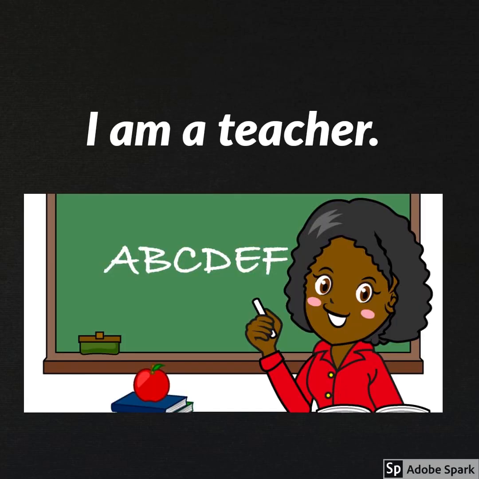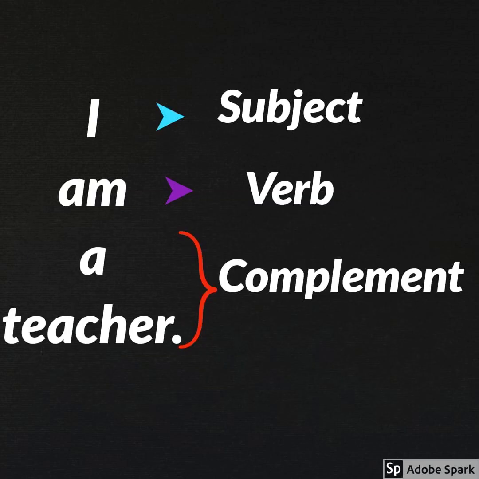For example, I am a teacher. I is the subject, am is a verb, but it doesn't need any word to receive the action. Okay, the verb am doesn't need any object, but it needs some other word to get the sense completed. So it needs the word teacher.